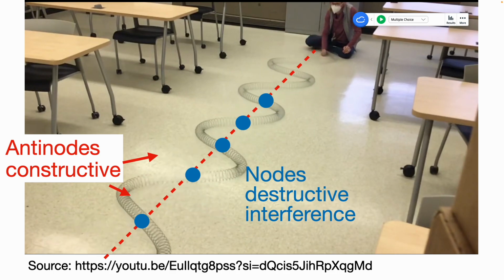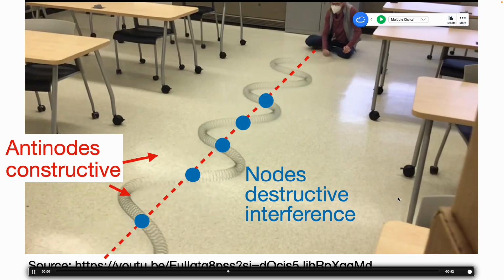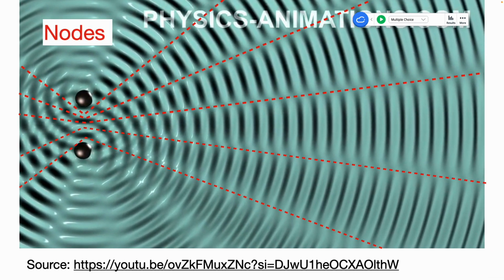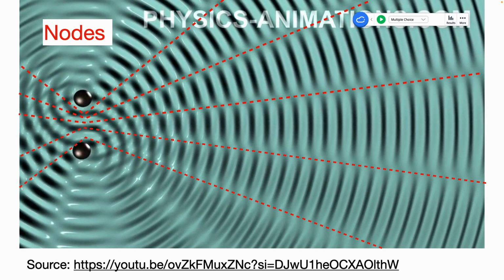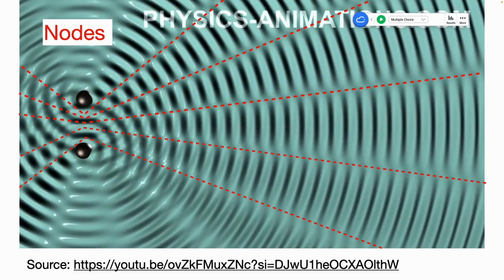Now, this is a one-dimensional case. You do see something similar when you look at a two-dimensional wave having interference. You see there are some blurry lines where the water just doesn't move. Along these lines are actually a bunch of nodes where the waves from the two sources always cancel each other.